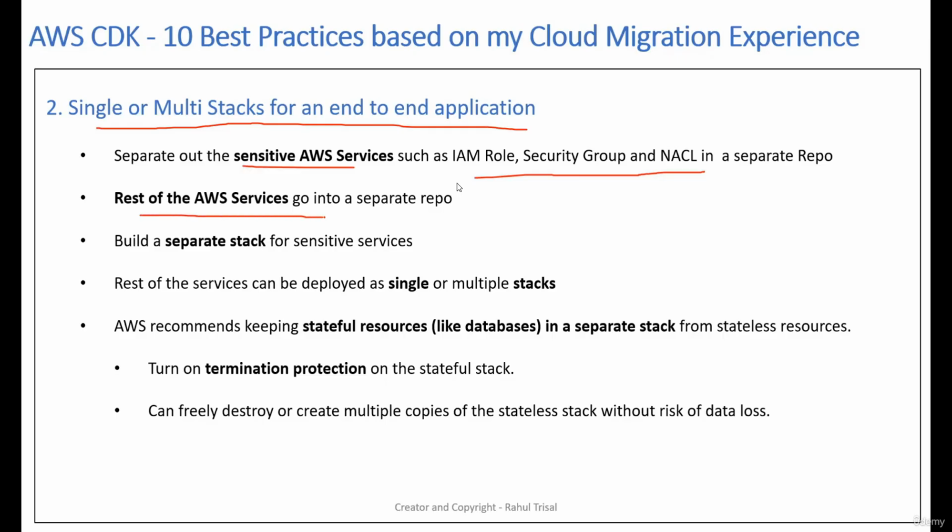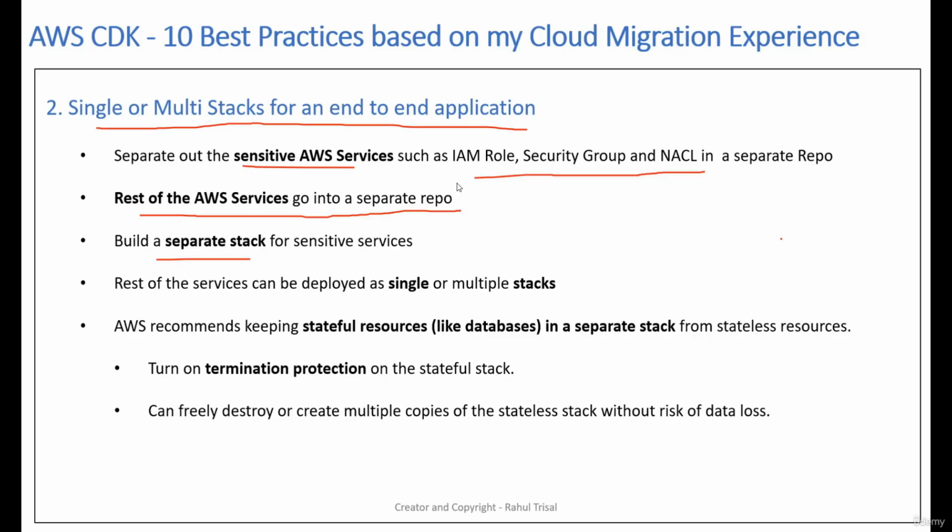The rest of the AWS services that were created for that end-to-end application would go into a separate repository. And then for each repository, you will create a separate stack. So in the majority of cases, we had two repos and two separate stacks for an end-to-end application. On one hand, all the sensitive AWS services, and on the other hand, the rest of the AWS services.